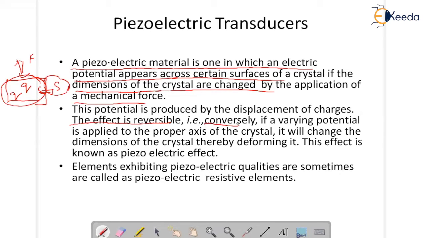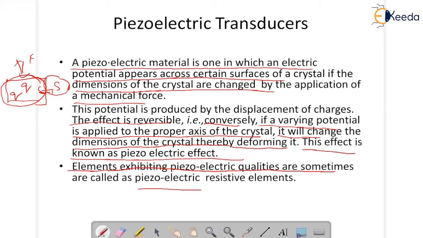Conversely, if a varying potential is applied to the proper axis of the crystal, then it will change the dimensions of the crystal, thereby deformation takes place, and this effect is known as the piezoelectric effect, my dear students. The elements which obey the piezoelectric effect are called piezoelectric materials or piezoresistive materials.